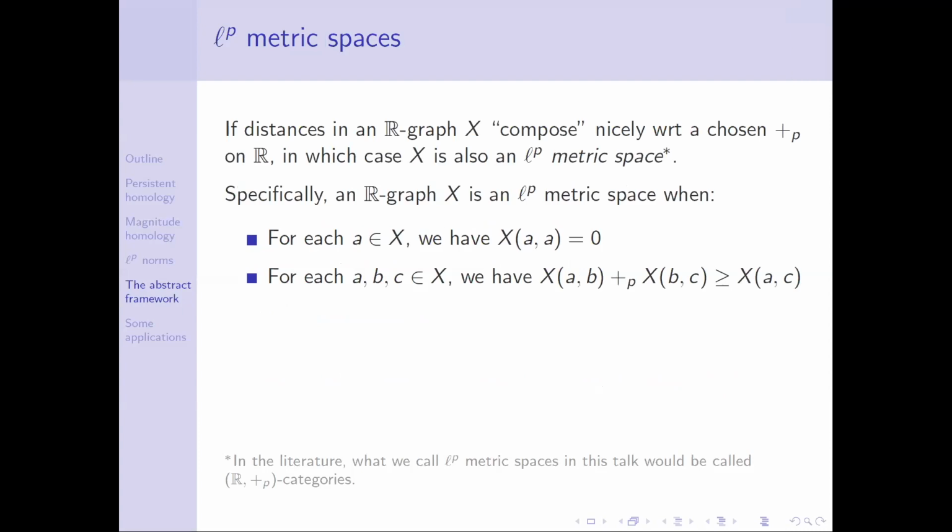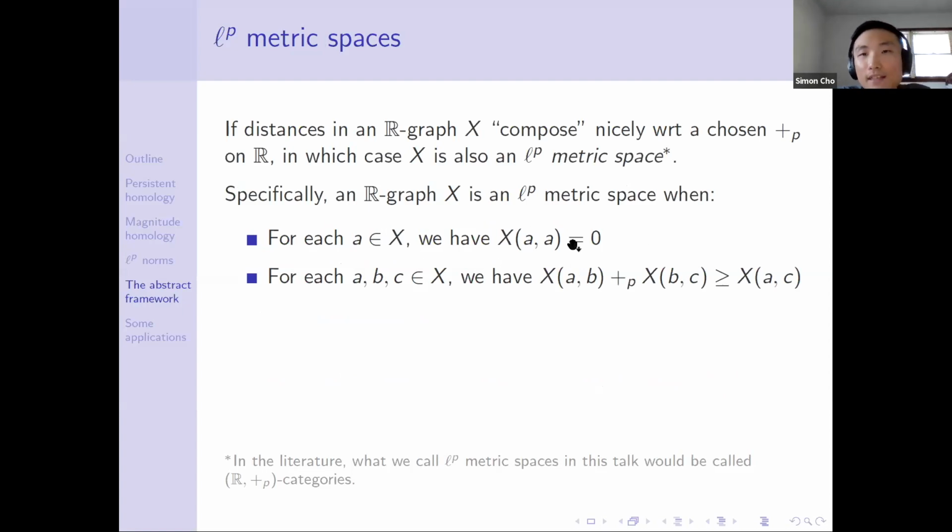And then if you choose a value of P, which we said specifies a rule for how distances should compose, then you can ask, in a given R graph, do the distances compose nicely? So an R graph X is called an LP metric space when it obeys this very sensible first rule: a point should have zero distance from itself. And the second rule is that it obeys the LP triangle inequality.